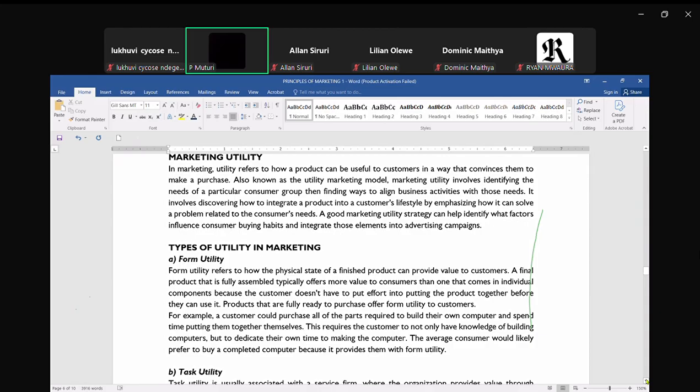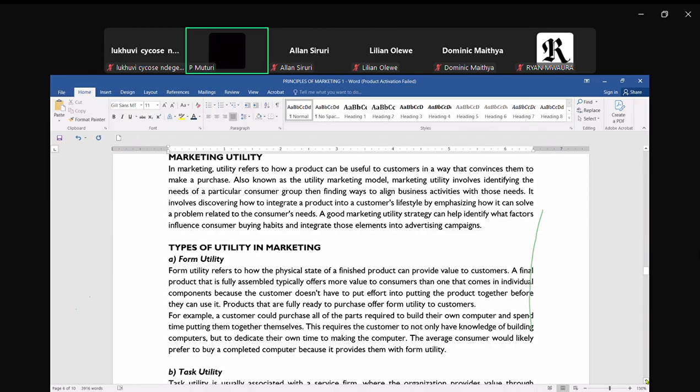And that is why we are looking at marketing utility. So the utility marketing model involves identifying the need. That is why you'll find us revolving around the needs a lot, because consumers don't just buy things for the sake of it, we buy to satisfy a need. All right.